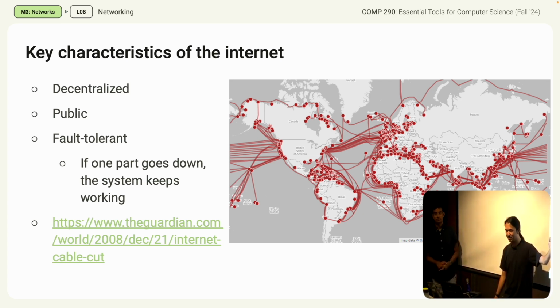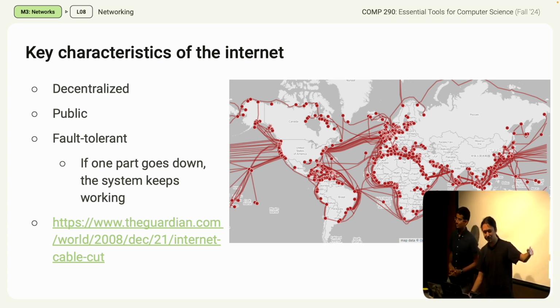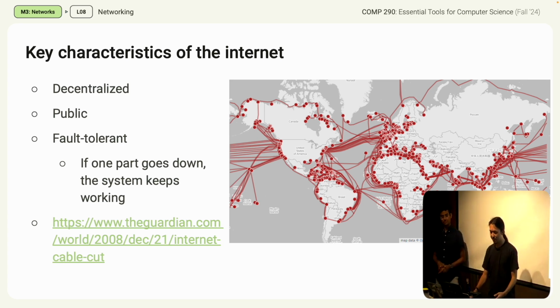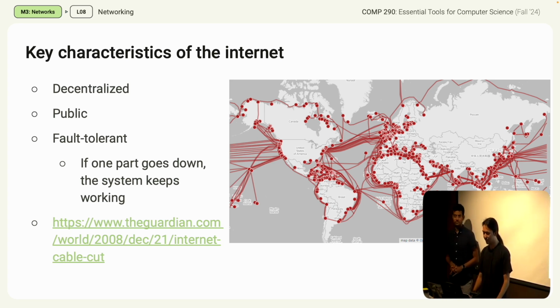You couldn't send stuff to another continent very easily. It just all slowed down because the remaining cables that were there had to take on the load. And so stuff had to wait in line, whereas before it could just go through that cable. So there's very real world ramifications to this stuff. And you'll see, sometimes bad actors will also try to purposely sever these cables because they're just so important, but an interesting aside there.